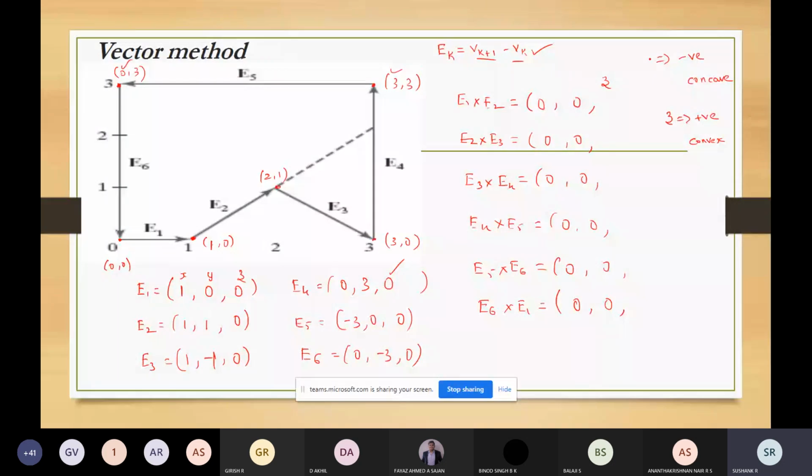What is the formula for that? I'll write it here.